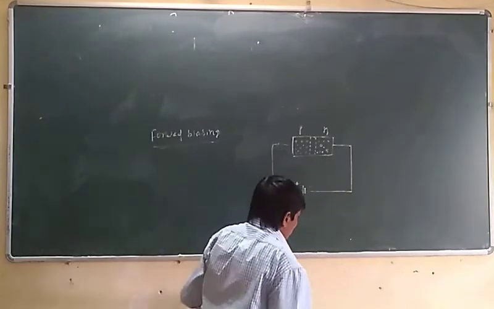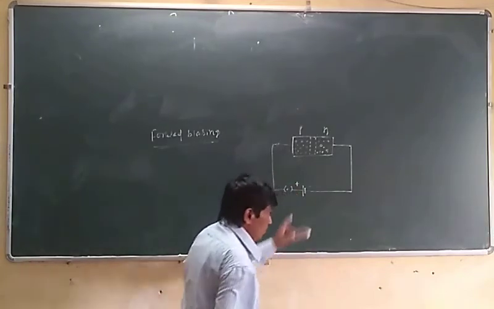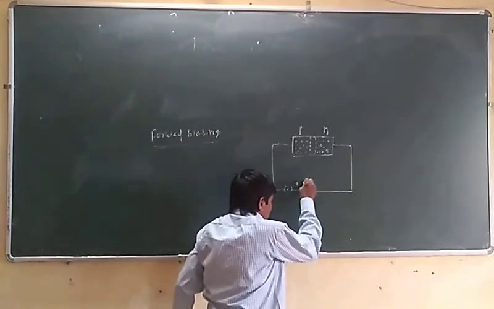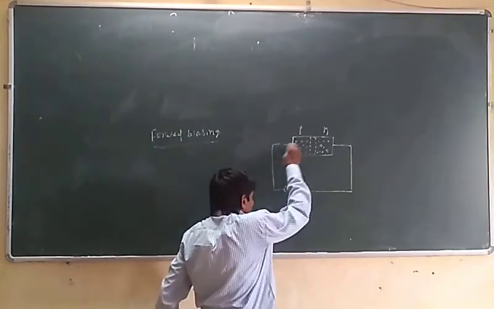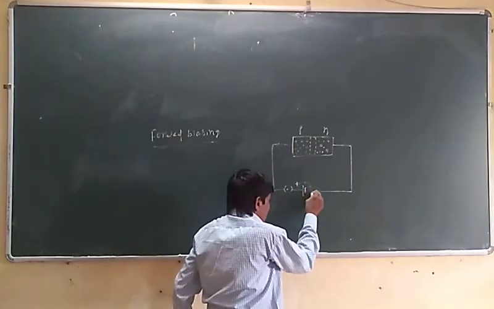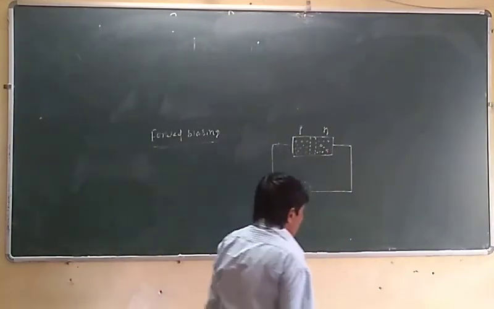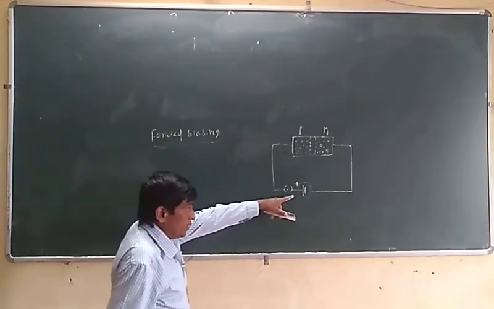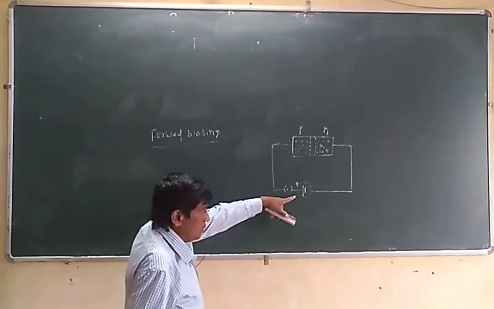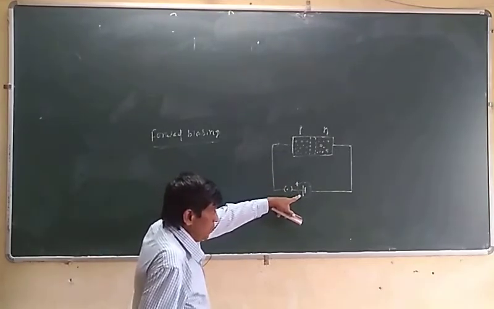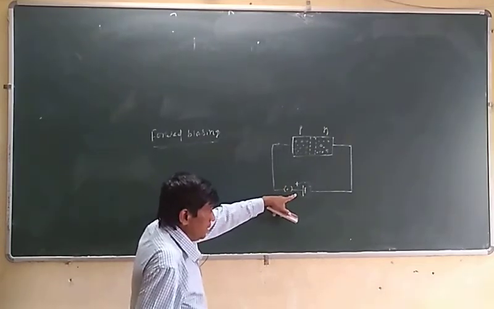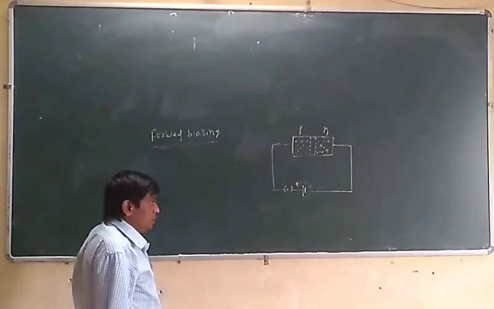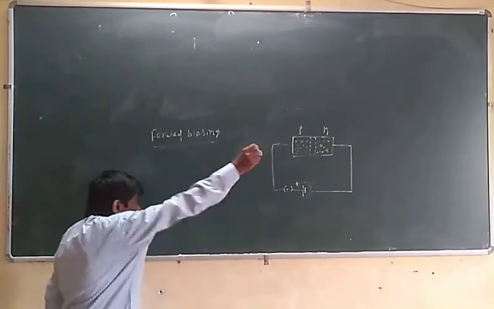this type of connection is known as a forward biasing connection. Why? Because the positive of the cell is connected to P type and the negative terminal of the cell is connected to the N side. When we connect the battery in this way, the positive terminal of the battery is connected to P type, or holes. We see what happens when we switch it on.